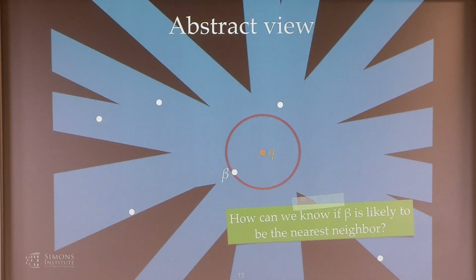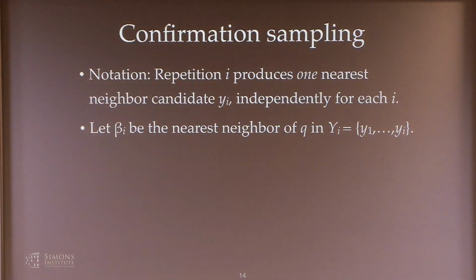Okay, so we explored this idea of confirmation sampling. So the idea is that in each repetition we get some candidate, which is the closest point in the bucket number i. So let's call that y_i. And we do this independently for each i. And let beta_i be the nearest neighbor found in the first i steps.